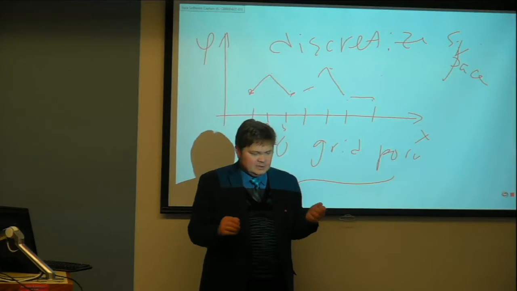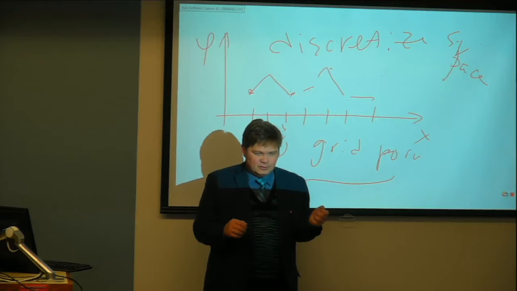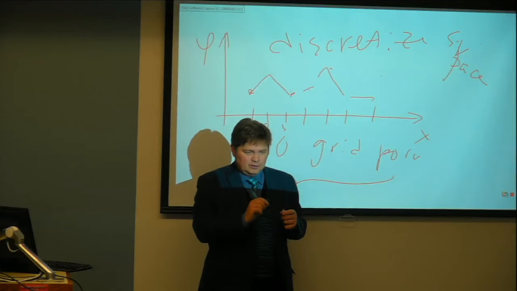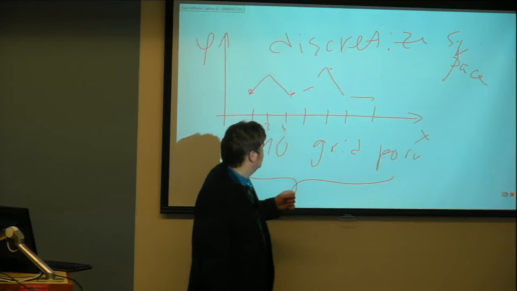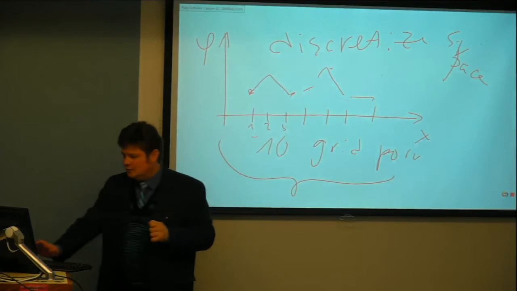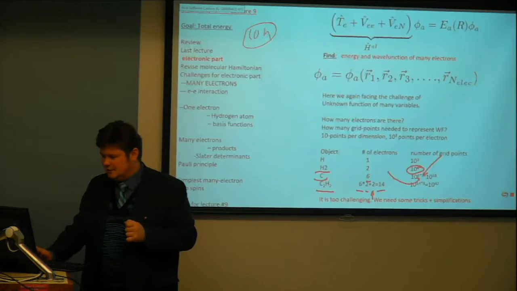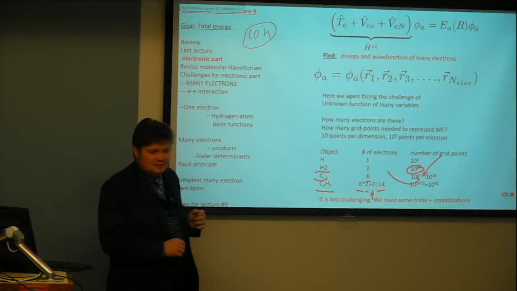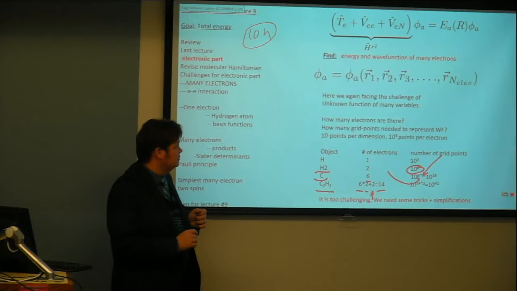The same is true for electrons. If there are 3 Cartesian coordinates for each electron, and each Cartesian projection is split into, let's say, 10 grid points, then one can just get scared by assessing the number of data points needed to store the full wave function.